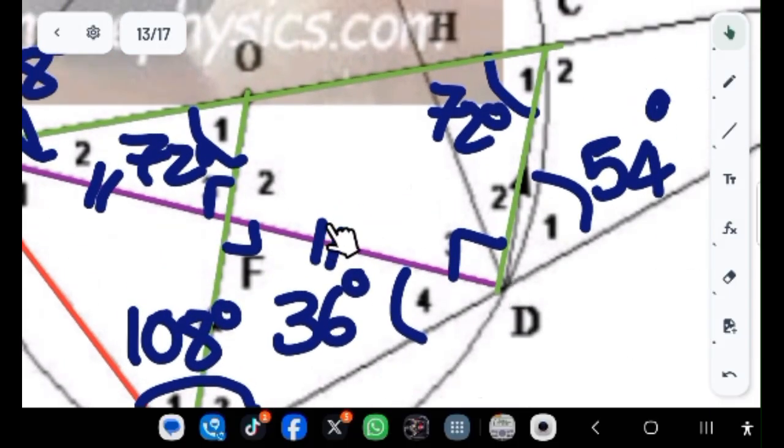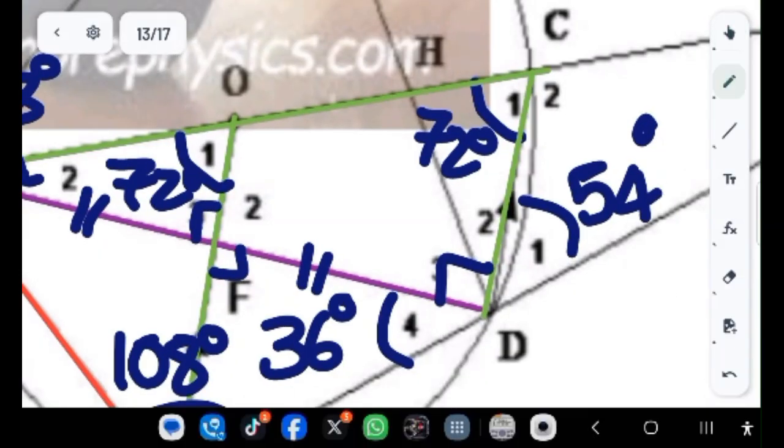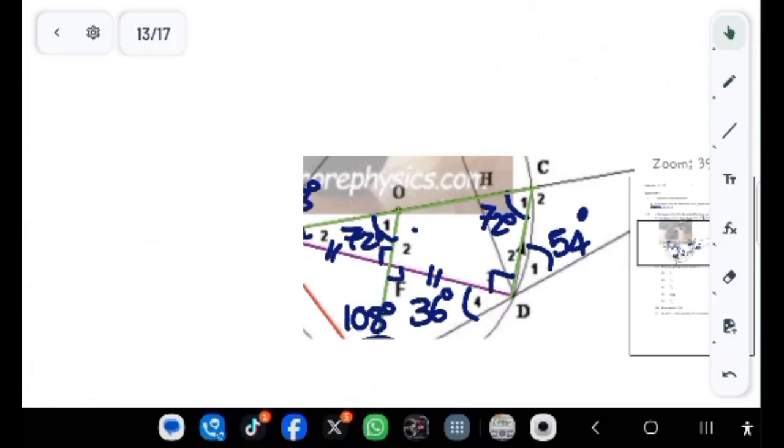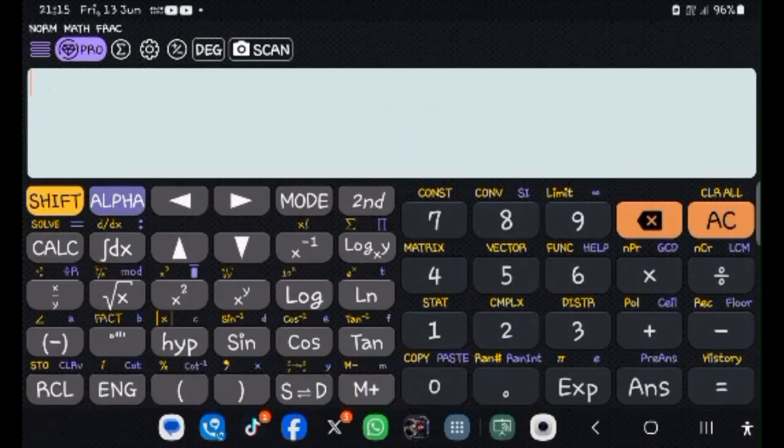No, let's see if they add up to 180 degrees. This should be 180 minus 72. That's 108.